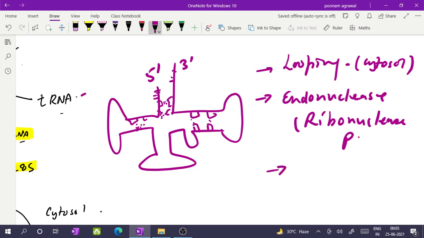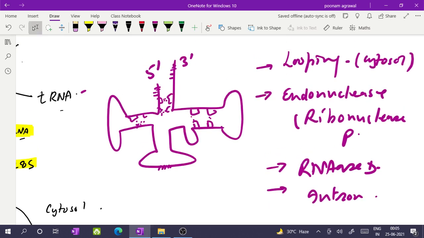Similarly, we have RNase D, which is going to trim by exonuclease activity at the 3' end. Then we have certain intron regions also, especially in the anticodon loop, which get removed during this post-transcriptional modification.